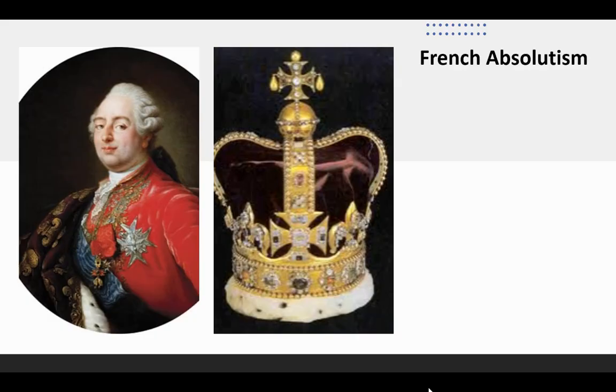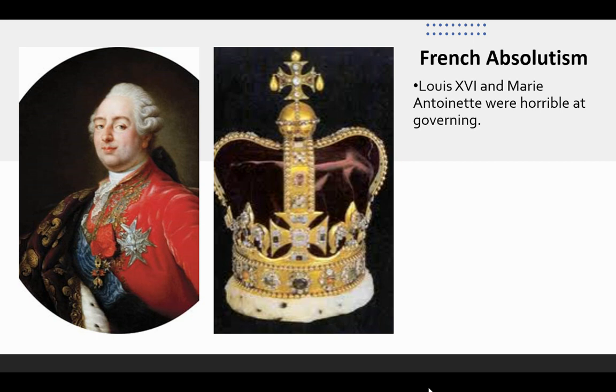So when we talk about the causes, we have to begin with French absolutism. This is the home of absolutism. This is where Louis XIV, the poster child for the absolute monarch, lived and left the system for his future rulers. In the 1780s, Louis XVI and Marie Antoinette were king and queen.